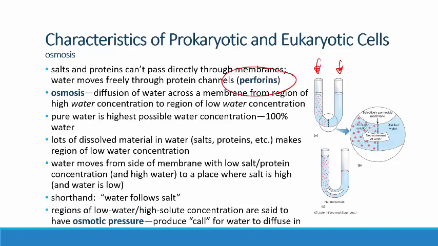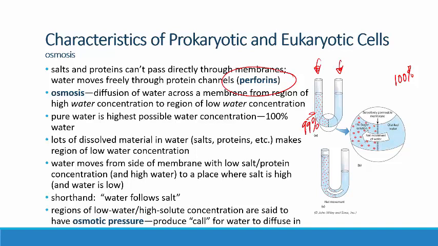Pure water, 100% water, is always going to be the region of high water concentration. Where the sugar is, that's always going to be the region of low water concentration, because that sugar always displaces or moves some of the water out of the way. So a 1% sugar solution is a 99% water solution.